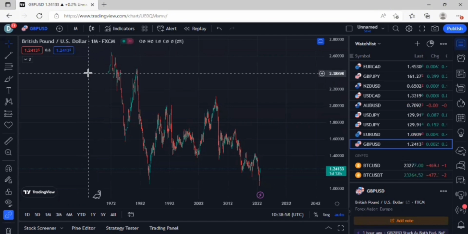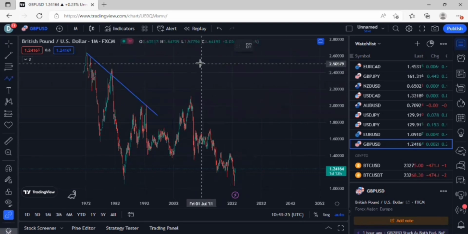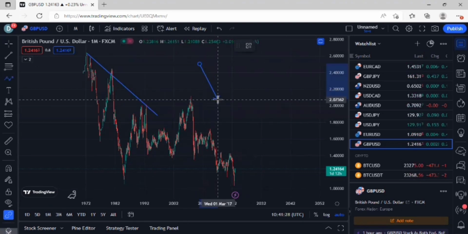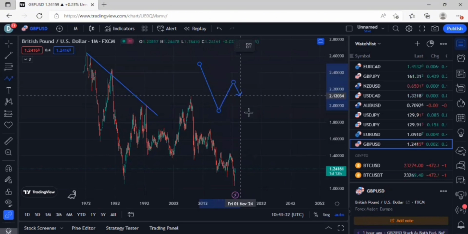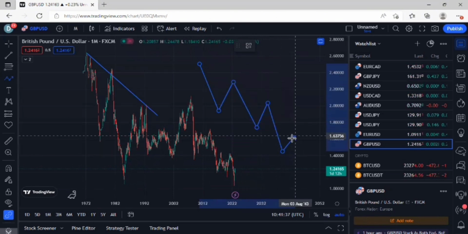For you to draw your trend line to reaffirm the direction of the market after you have seen the structure of the market, in case of downtrend, when you have lower high, lower low, lower high, lower low, lower high, lower low.